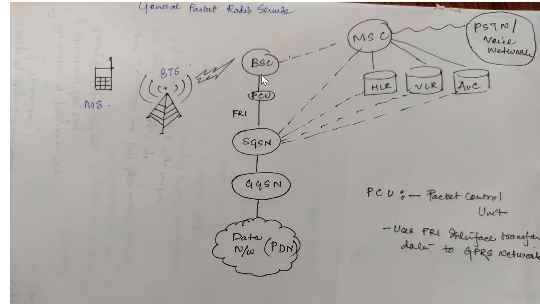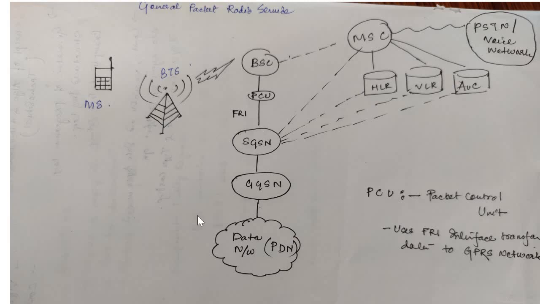If it's a data packet or a data request, then the PCU uses the Frame Relay interface to transfer the data to the GPRS network. Now, what is a GPRS network? Of course, this entire network is the GPRS network, but here are the additional components to the existing GSM network which make the data connection possible.